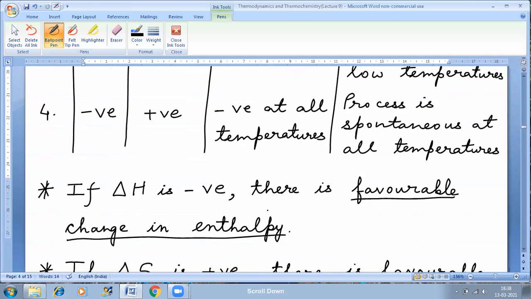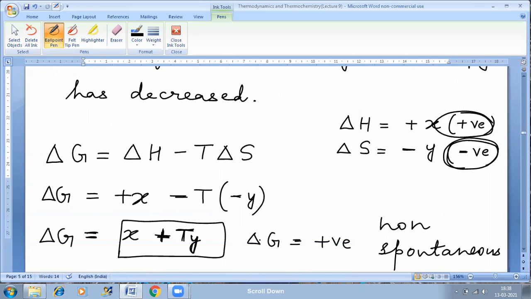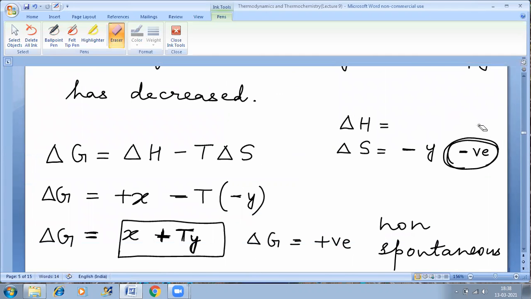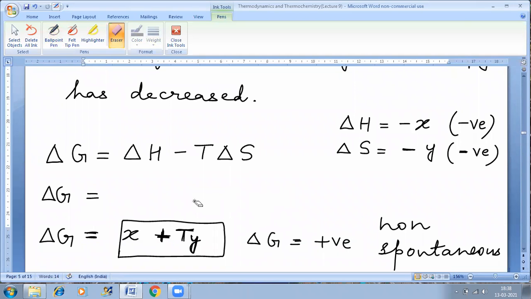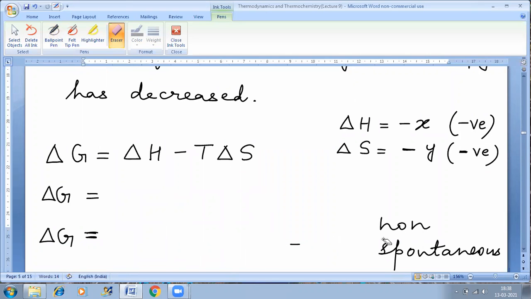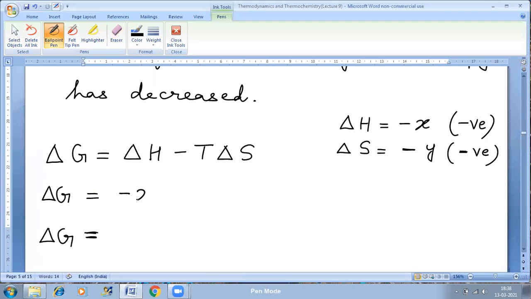Okay. Now let's take a case where both are negative. Let's say delta H is negative and delta S is also negative. Now let's see what happens to delta G. So I'll put delta H as minus X and delta S as minus Y. So both delta H as well as delta S are negative.